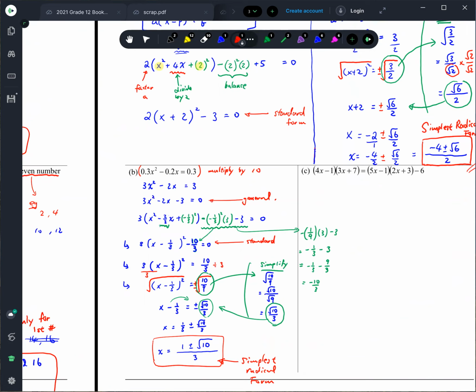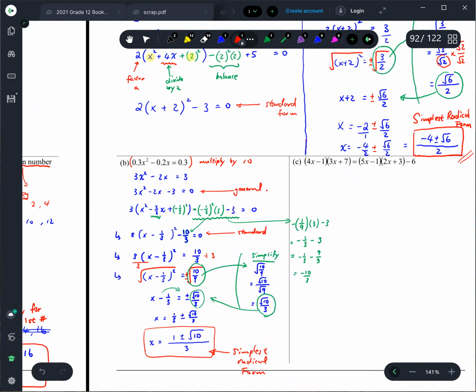You mean question C? Yeah. Okay, question C, what's your answer? I got 3 plus minus 2 square root 2. Okay, I think you missed the negative. Answer should be negative 3 plus minus 2 square root 2. Yeah.